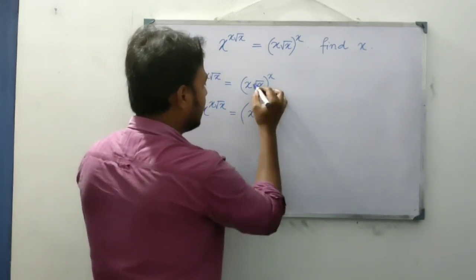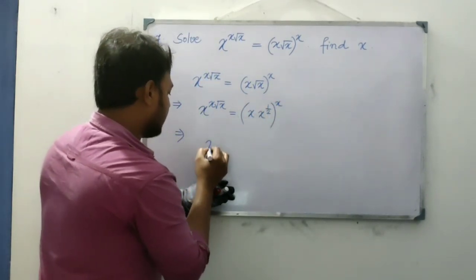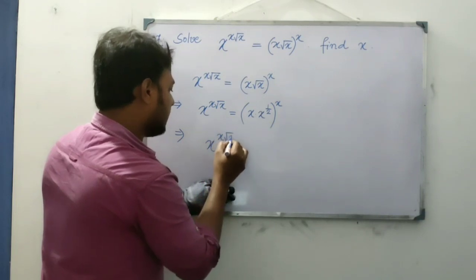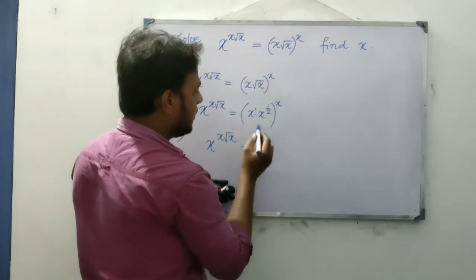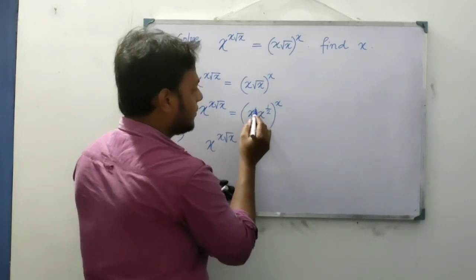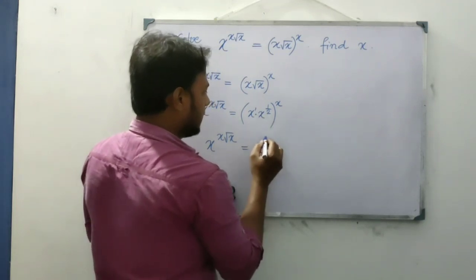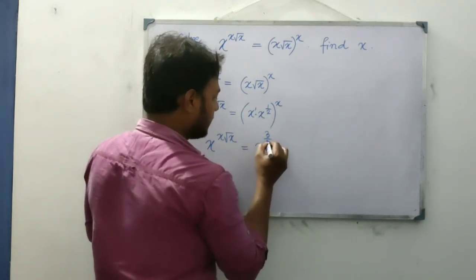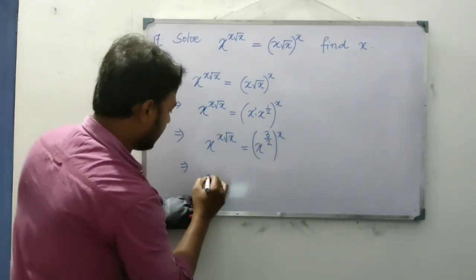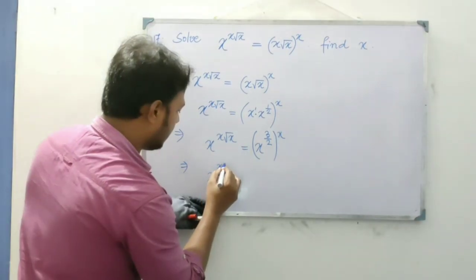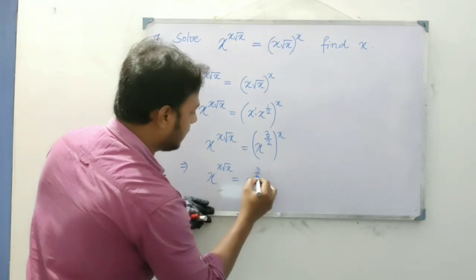Since nothing is there, so there is 2 to the power x, implies that x to the power x root over x equals to, since multiplication is there, so power of x is 1, so base same, so you can add the power. So x to the power 1 plus half will be 3 by 2 whole power x, implies that x to the power x root over x equals to x to the power 3 by 2 into x.